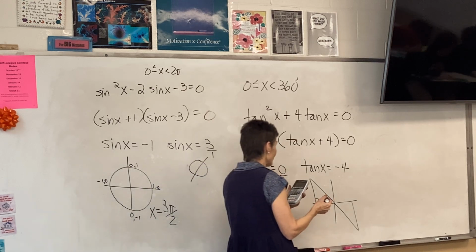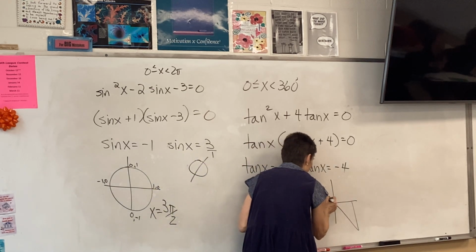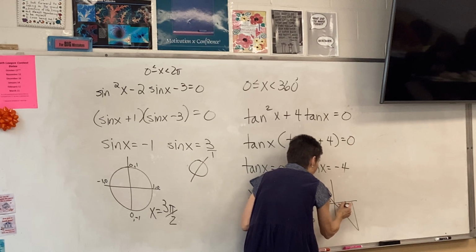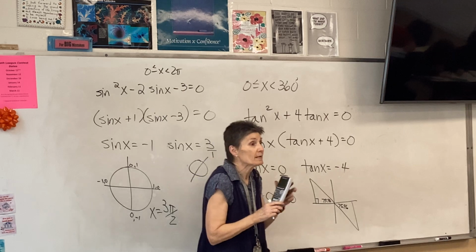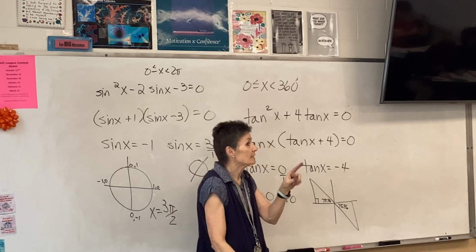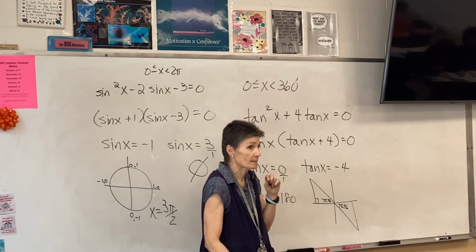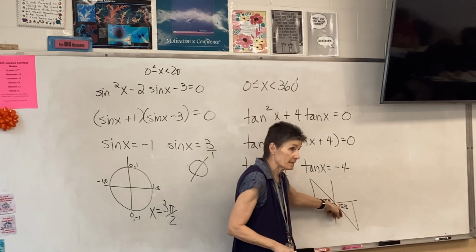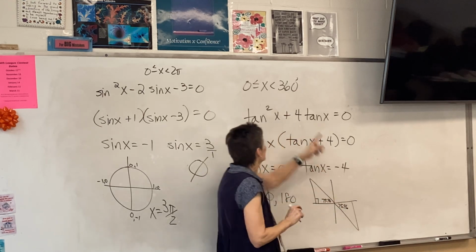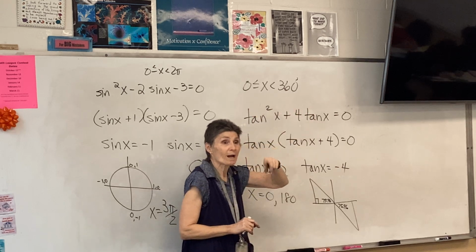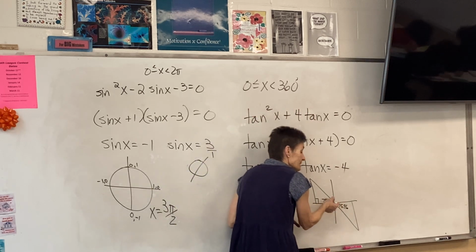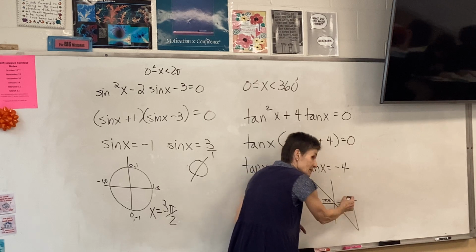I got 75.96. If you put in the negative, didn't you get negative 75.96? Okay, so you got the negative. Now stop a second. Can I answer with a negative? No. So I need to recognize that this is the angle we're talking about, 75.96.